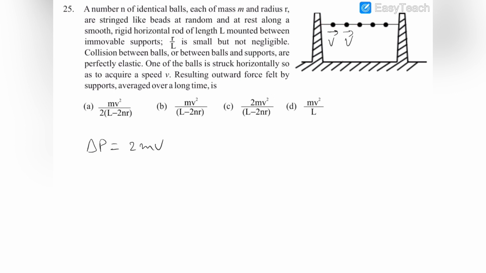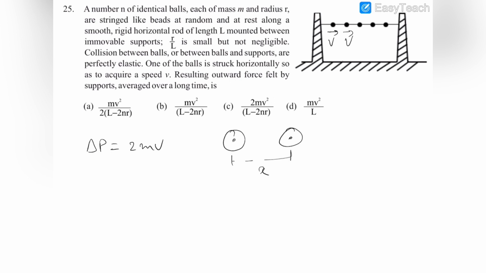Then this ball hits this support and rebounds back, and this momentum is transferred in this direction again. So this is the complete time, the time taken by the momentum to shift. First of all, the change in momentum is 2mv, and let us say the distance between the centers of the balls is x.